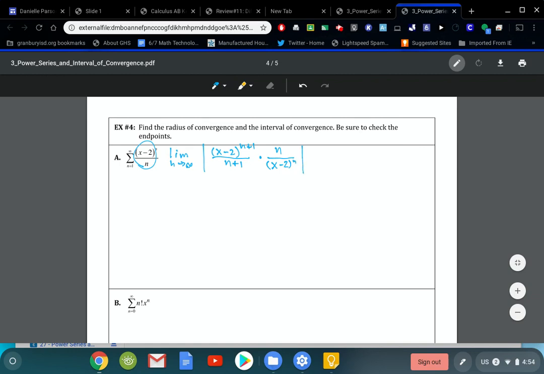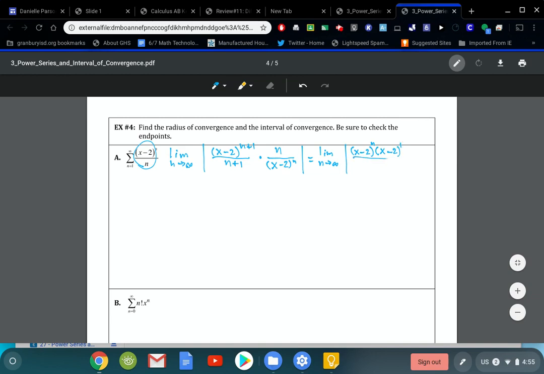So here, let me go ahead and try to simplify this just a little bit so you can see what I'm about to do. (x minus 2) to the power of n plus 1 could be rewritten like this if I wanted to, and to the power of 1 here.